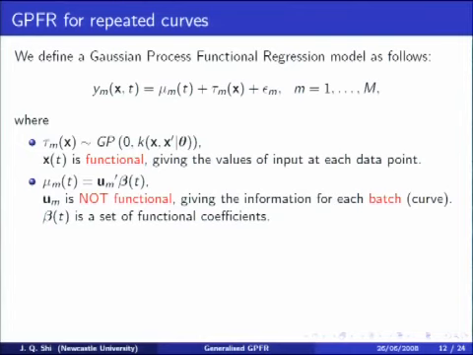And this mu mt depends only on a one-dimensional covariate t, so we can use any type of non-parametric model. In our paper, we just use this one. This is just the functional linear regression model used in Ramsay and Silverman's book.